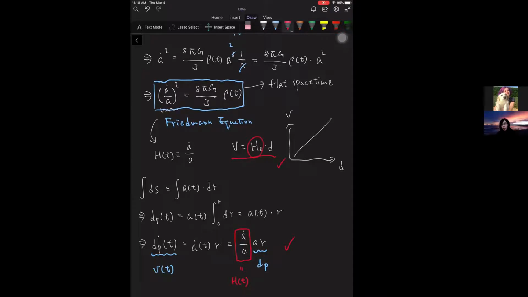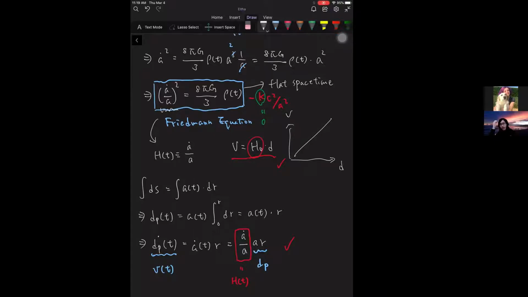We're deriving this from the Newtonian physics point of view, but if we derive this with general relativity, there should be an additional term of minus k c squared over a squared here, where k is 0 if this is flat spacetime.